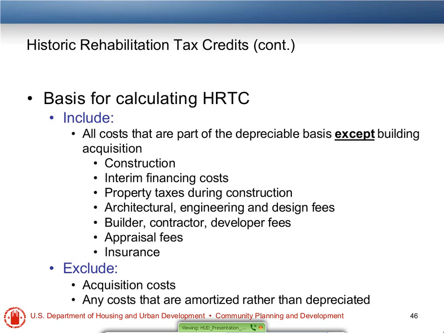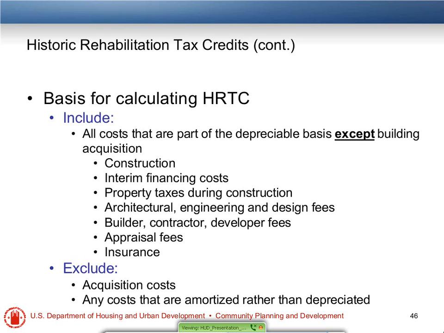What is not part of basis for the historic credit: any acquisition cost, which would include the building, and any costs that are amortized rather than depreciated. So this is your intangible assets like your loan fees or your tax credit fees. In addition, if you've got new construction that is part of the project, none of the new construction costs are part of the basis for the historic credit.